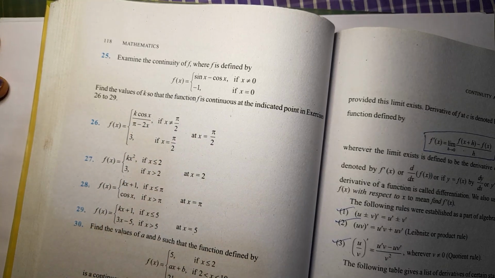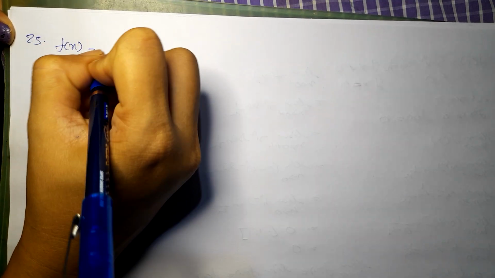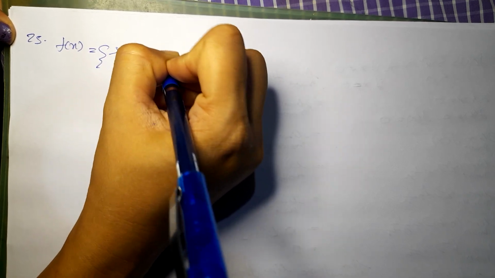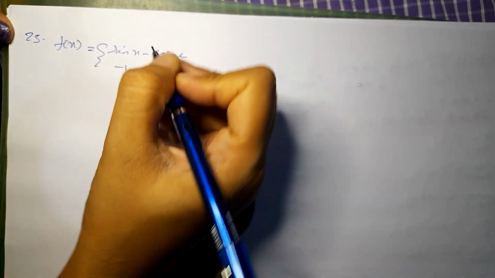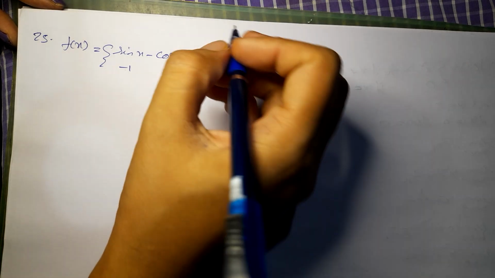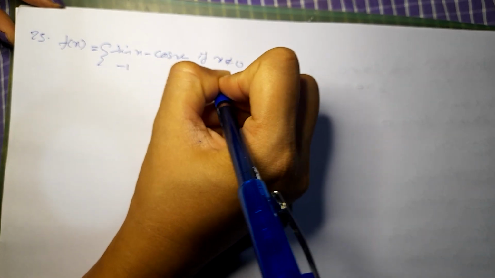So first let's write the given function. This is question number 25. f of x is equal to sin x minus cos x if x does not equal 0, minus 1 if x equal to 0.